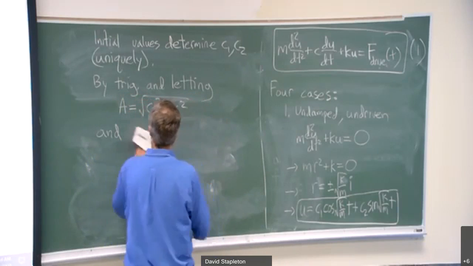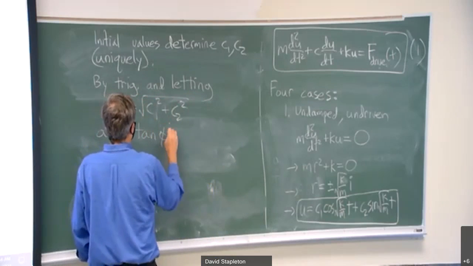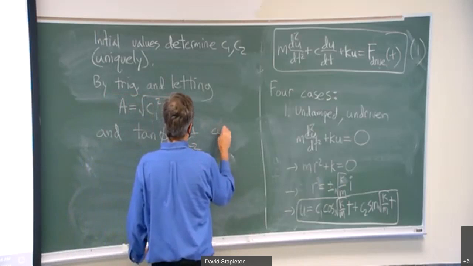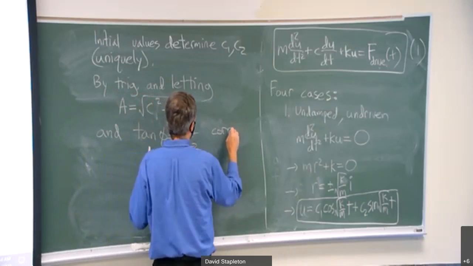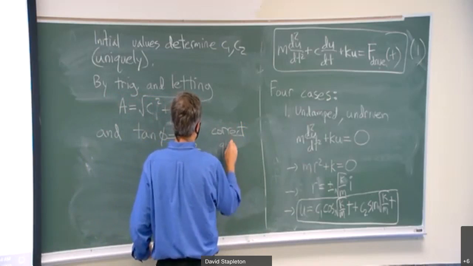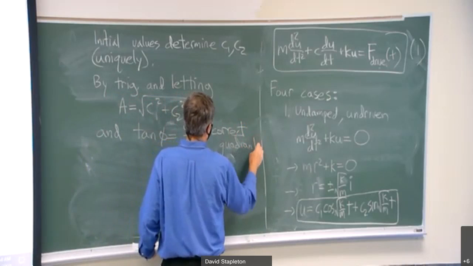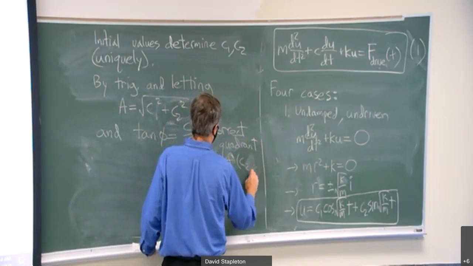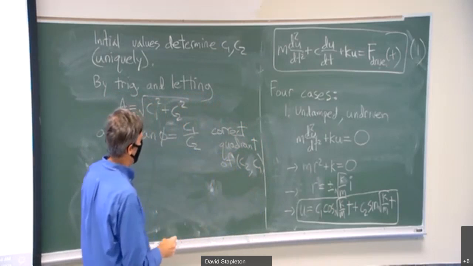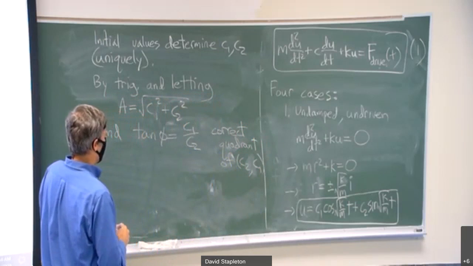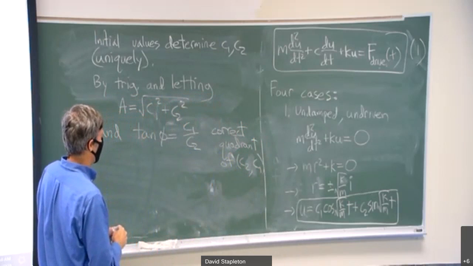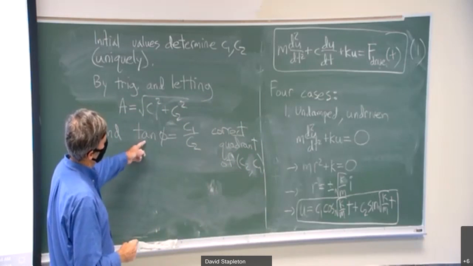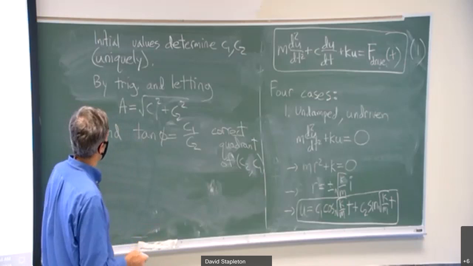But let's do it this way. Tangent phi equals C1 over C2, or you put it in the correct quadrant. So you use the a tan 2 function to get it out. This is better. This is complicated. If C1, C2 is in quadrant 1 or 4, this is arctangent. If it's in quadrant 2 or 3, it's arctangent plus pi, is what you can do.